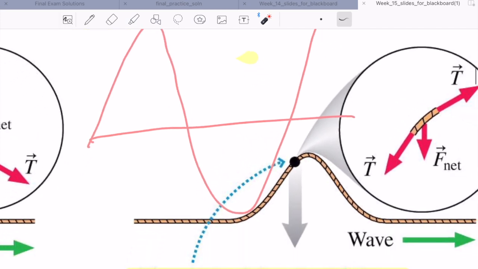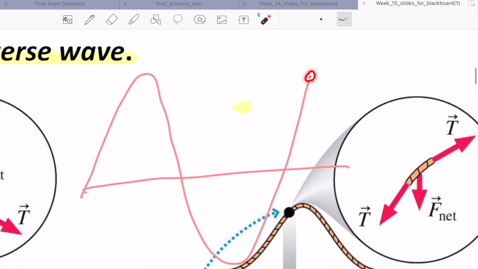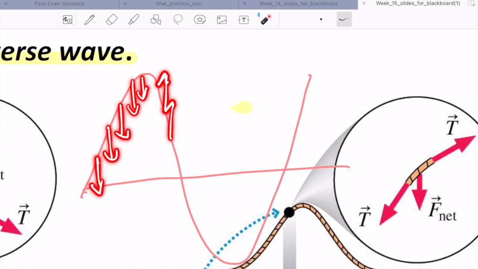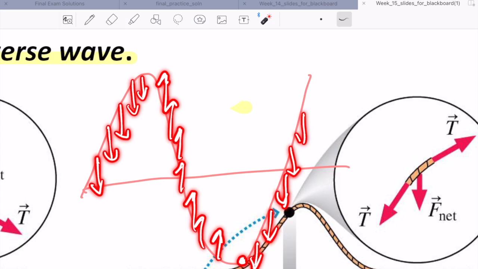And if I were to draw it throughout the whole thing, if this is one whole wave cycle, this is all downwards here, here, here, up until you get to the peak, and then it gets pulled upwards every single point here. That's your front side of the wave. Here's the new back side, that's all pulled downwards. And then here's another wave there, right?